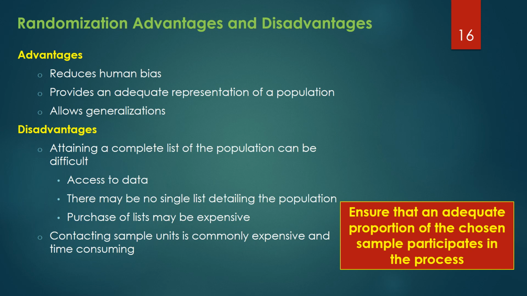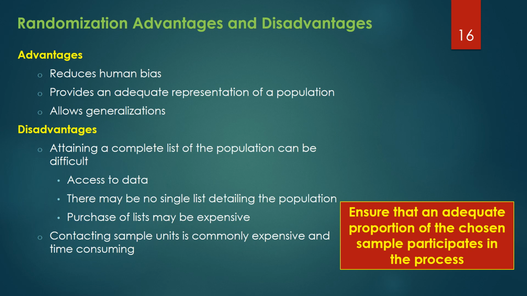As a result, the simple random sample provides an adequate representation of a population being studied, assuming that there is limited missing data. Since the units selected for inclusion in the sample are chosen using probabilistic methods, simple random sampling allows for making generalizations or statistical inferences from the sample to the population.